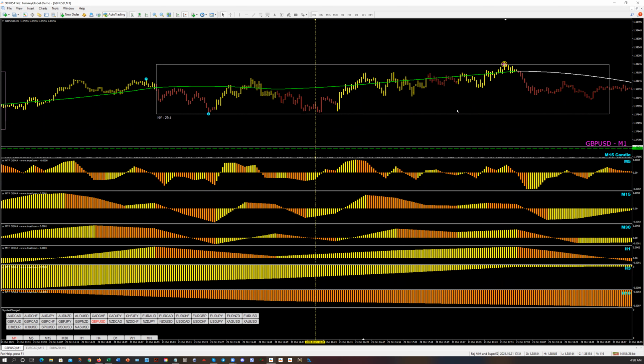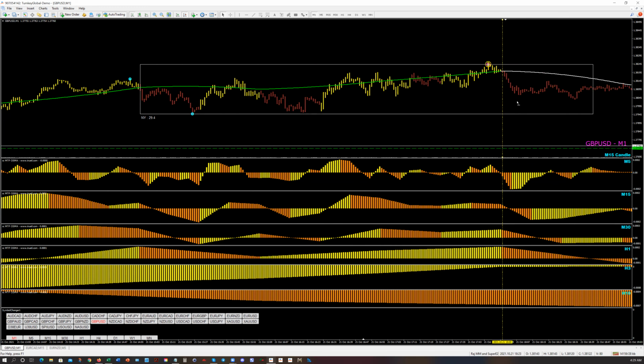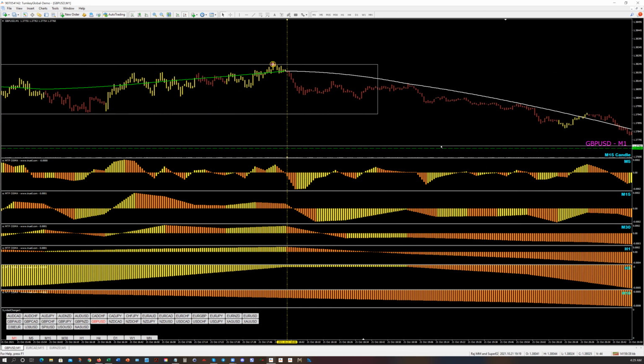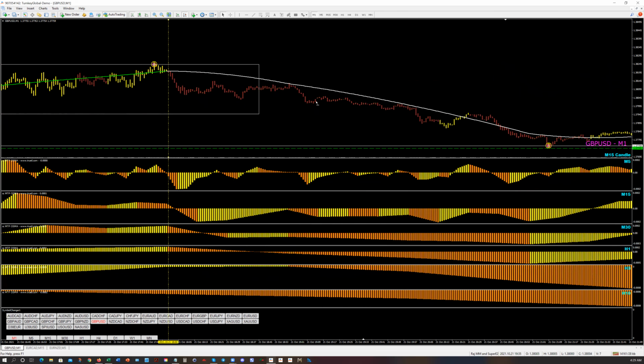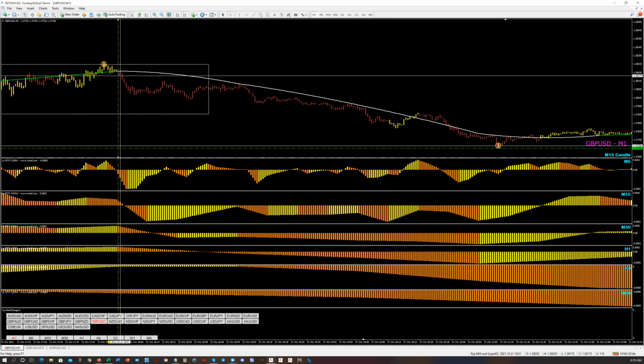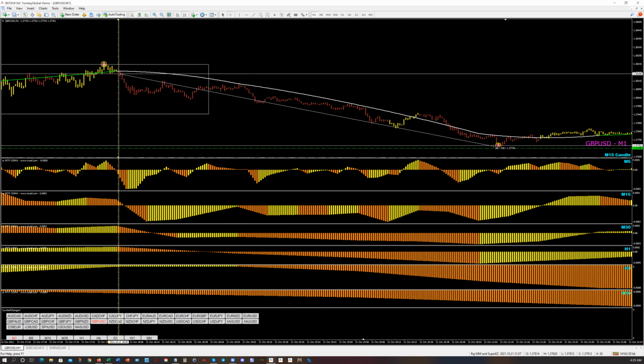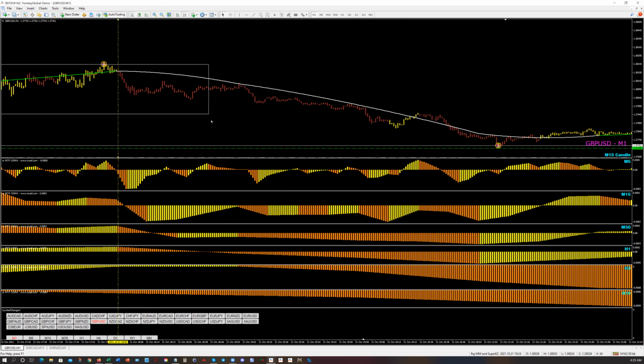Then wait for a yellow ball. It happened here. Here's my entry. My target is still there, but 6 pips stop loss, 40 pips. So I made 60 pips already.